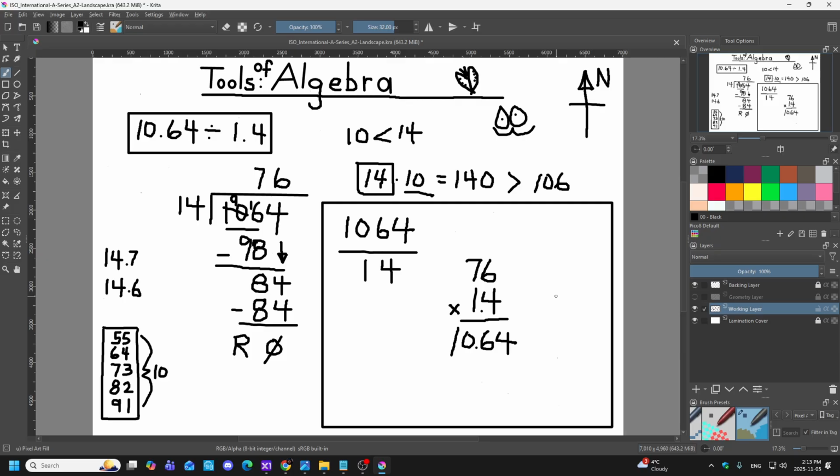Okay, so now I think the easiest way for me to show you is with multiplication. So 7.6 times 1.4.